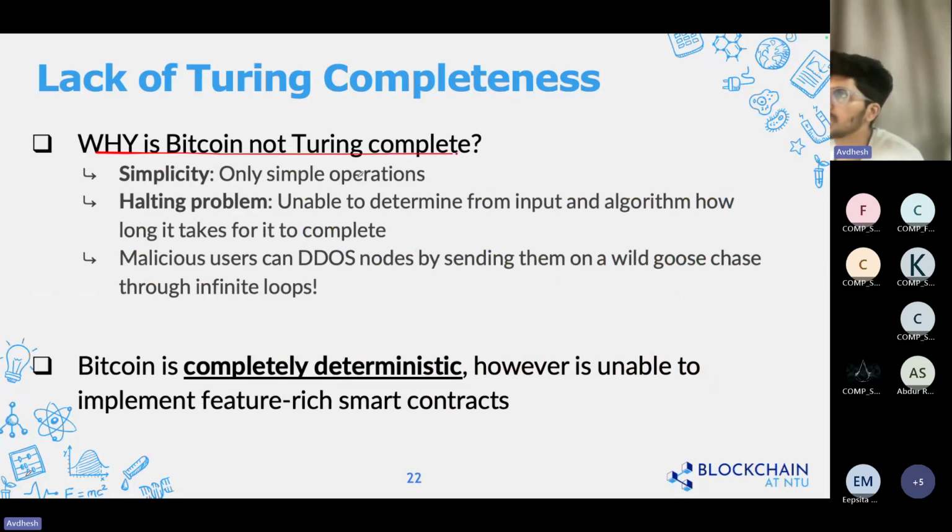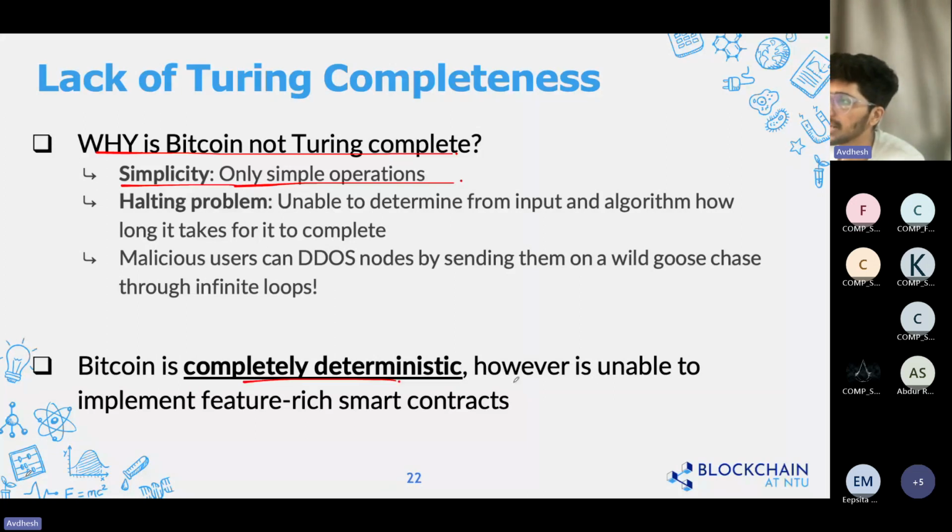Satoshi's whole vision was to just do this for transactions and nothing else. He just wanted to create a digital bank, I would say. This is why Bitcoin is much simpler. Only simple operations can be done, like sending transactions. And Bitcoin is completely deterministic.